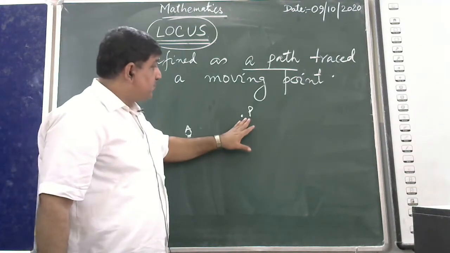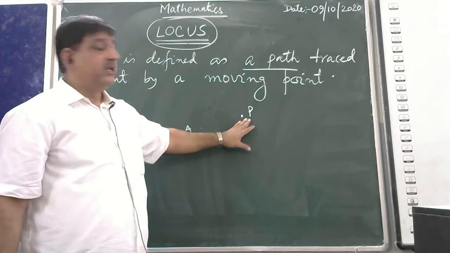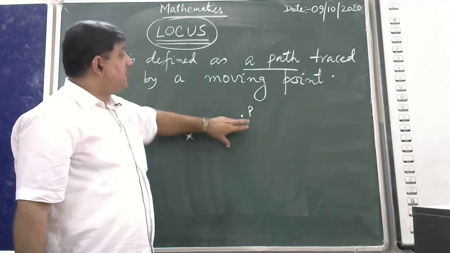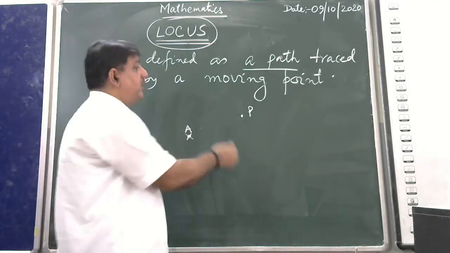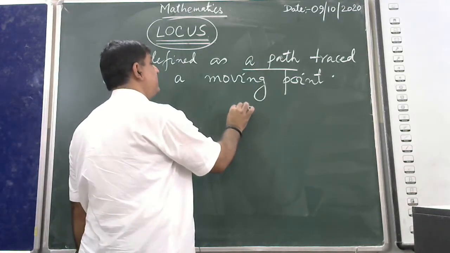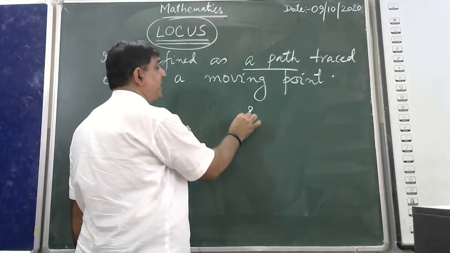Now this point P is moving. It means that this point P during its motion acquires this position, though it moves at several positions during its motion.